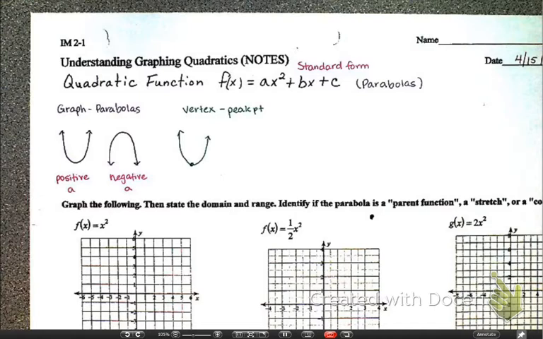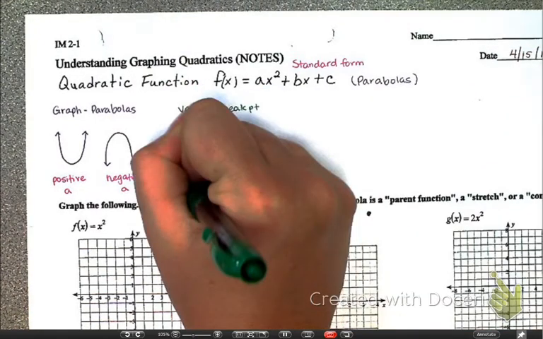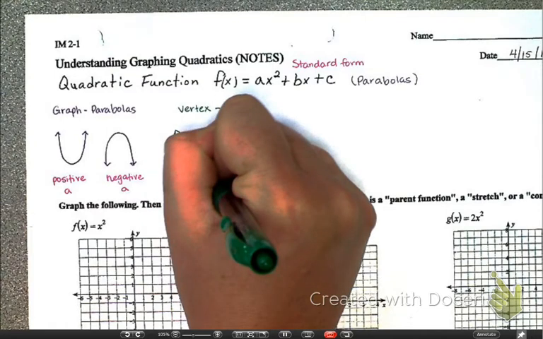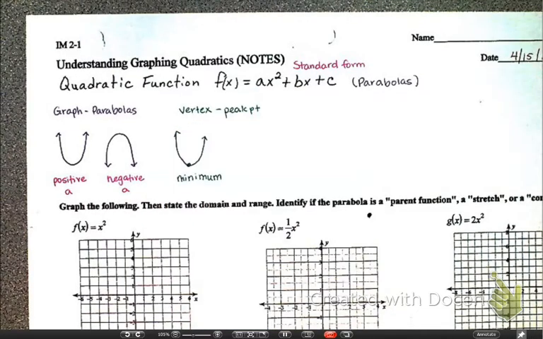No. So what's another word of like, I can't go any lower, that's it? Minimum. Okay, it's the minimum value. So if your parabola faces up, you have a low point, and that is your minimum value.